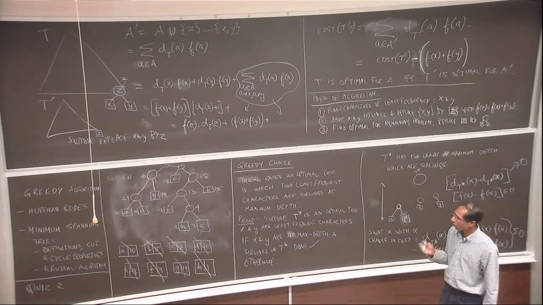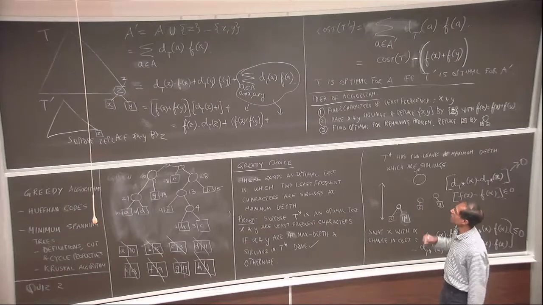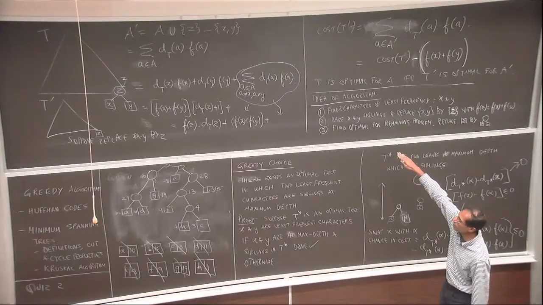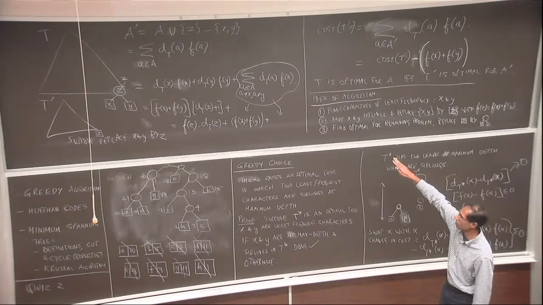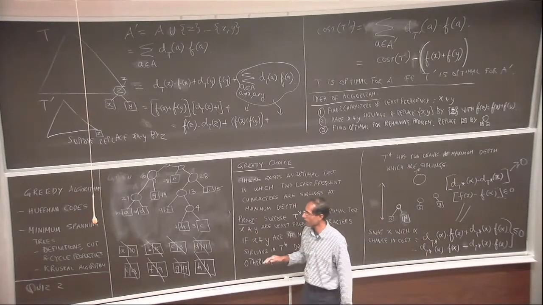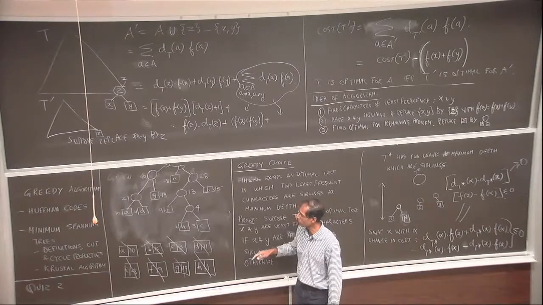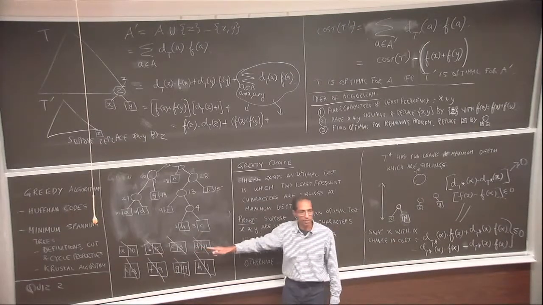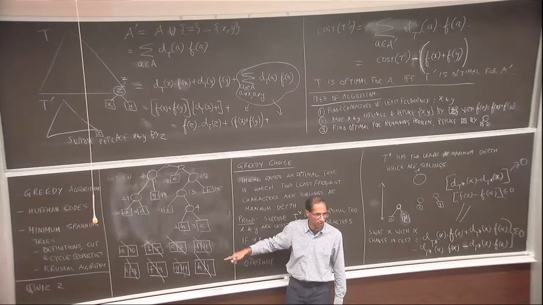All right. So that was the idea, and I'm not going to go over the formal description of the algorithm, but you can see it's fairly straightforward. All you need to do is sort all the characters according to least frequency.